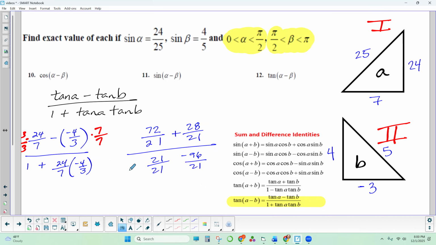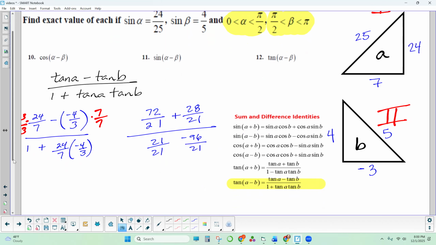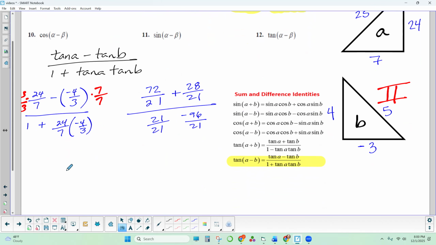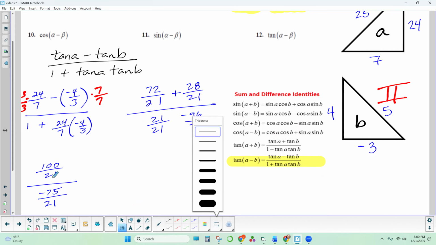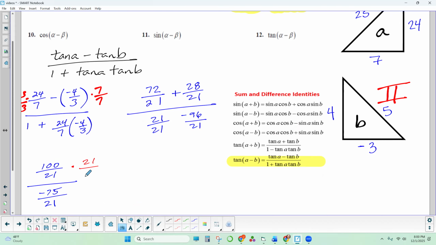So now I'm going to combine these. 72 and 28 is 100 over 21, over 21 minus 96, which is -75 over 21. So now I'm going to divide these fractions by multiplying by the reciprocal. So if I multiply by the reciprocal here, that's 21 over 75, which is negative.